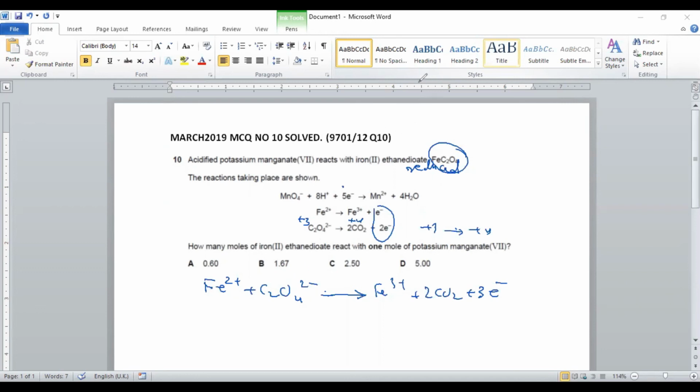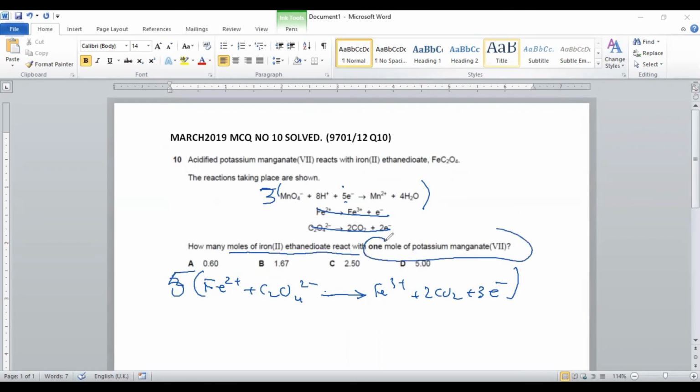So what will we do? We multiply this equation by 5 and multiply the other equation, the one being reduced, by 3, to make the electrons balance. Now to save our time, we don't need to make the overall equation, because it is not needed. The question is how many moles of iron 2 react with 1 mole of potassium manganate(VII).